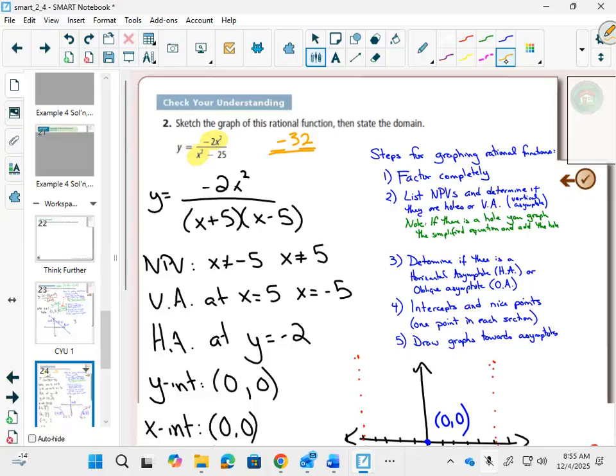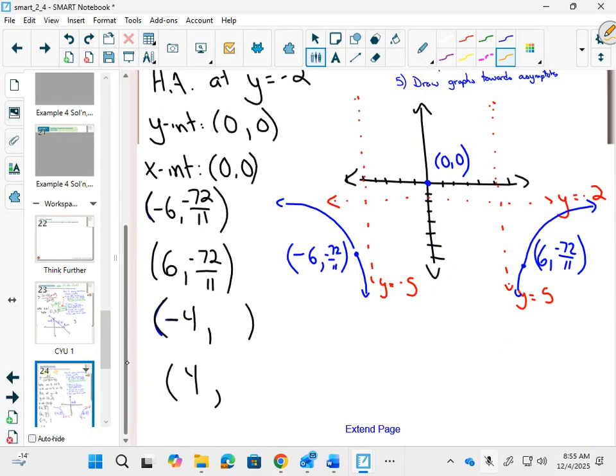And 16 minus 25 is -9. So this becomes positive 32 over 9, which is 3 point something.